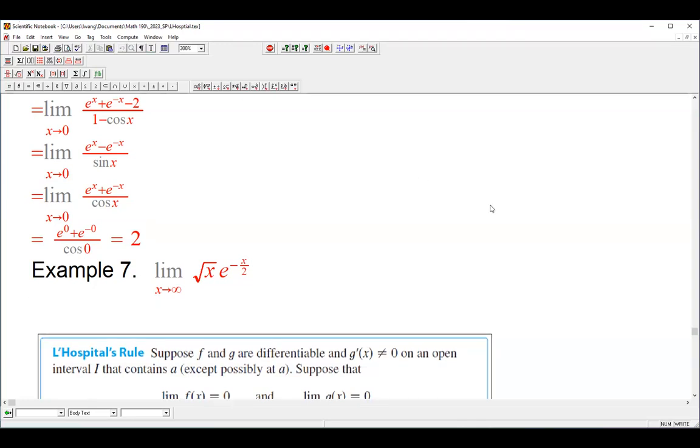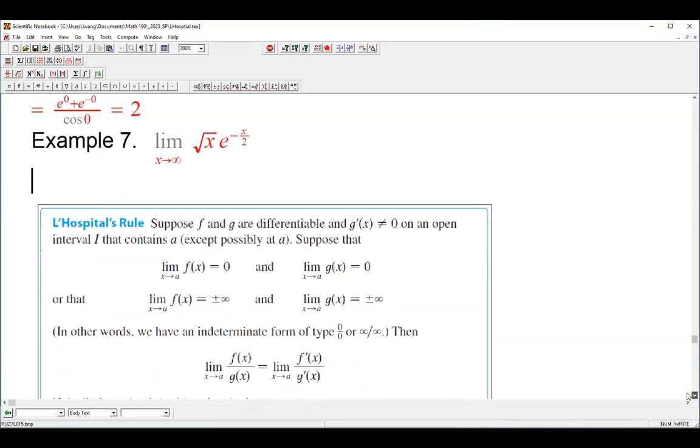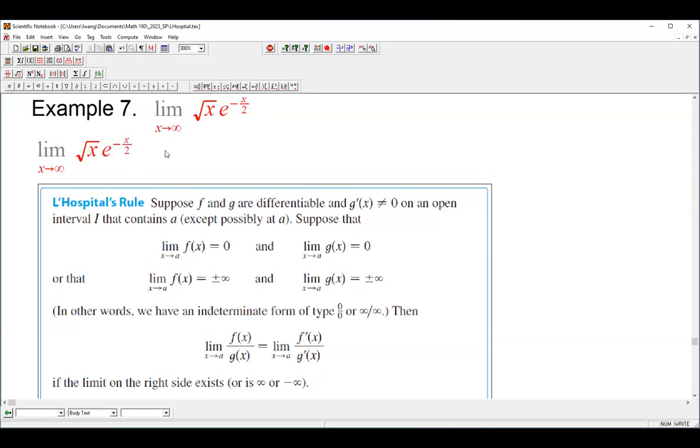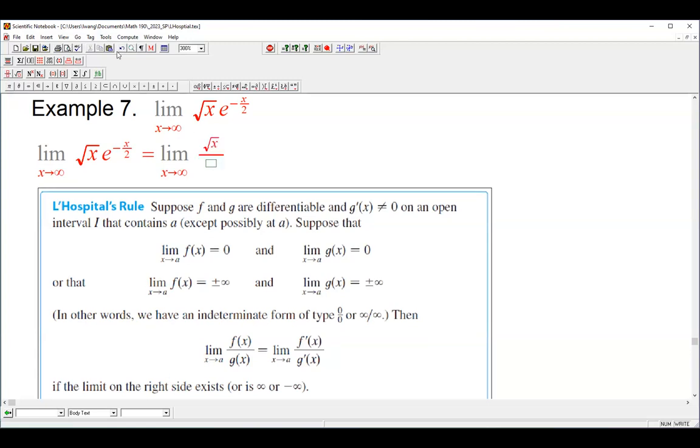It's not in quotient form. And can we write it in quotient form? Because L'Hopital rule only can be applied if we write it in a quotient form, right? Certainly we can. This is negative exponent, so we can bring that part up under the denominator, right?